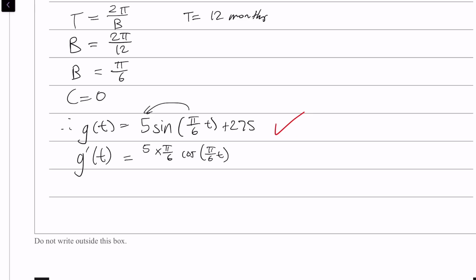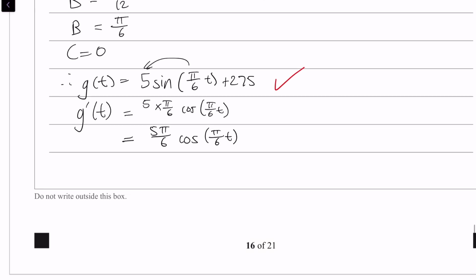And then this 275 on the back is really just going to disappear because it's a constant, and differentiating a constant will make the constants disappear and become 0. So we have that now.